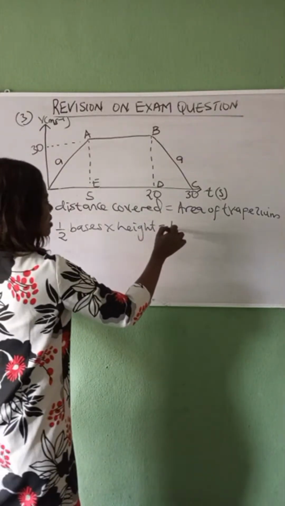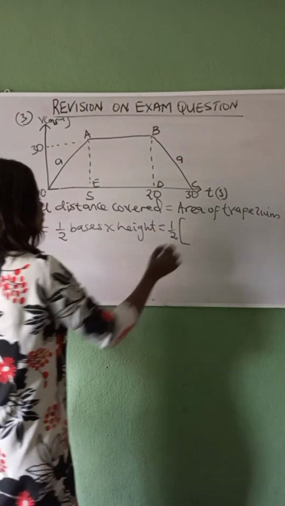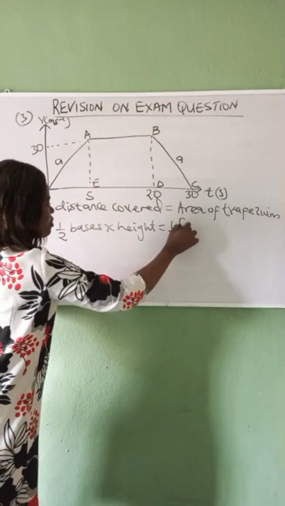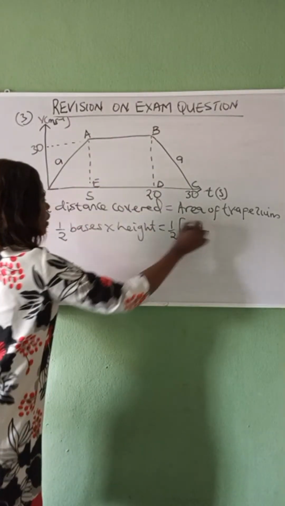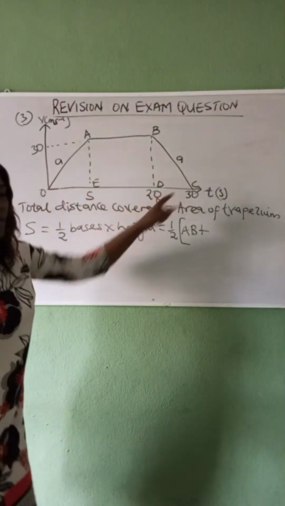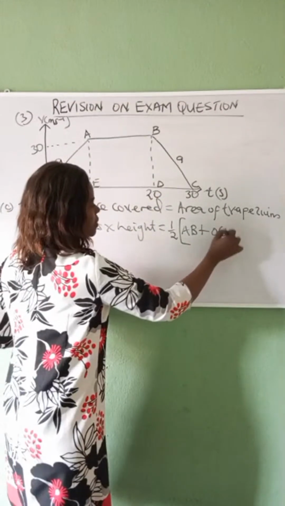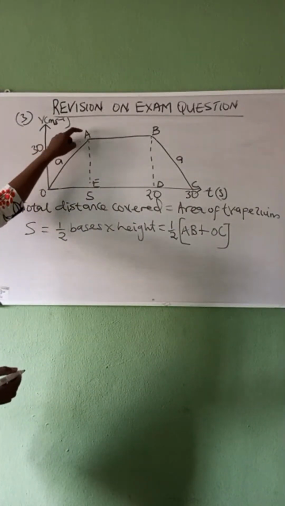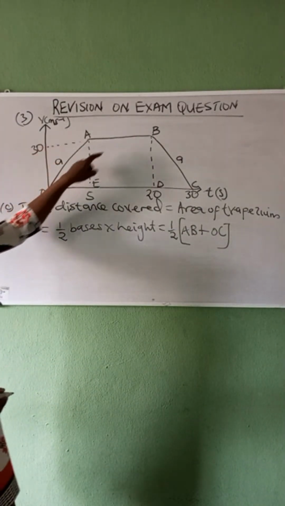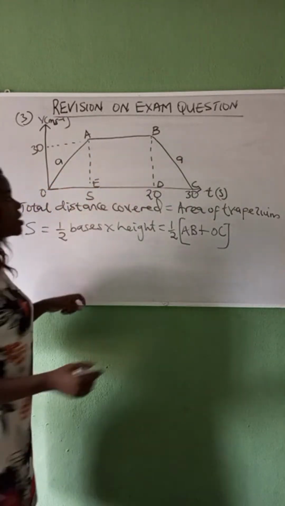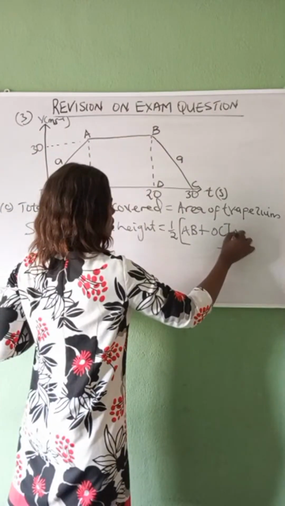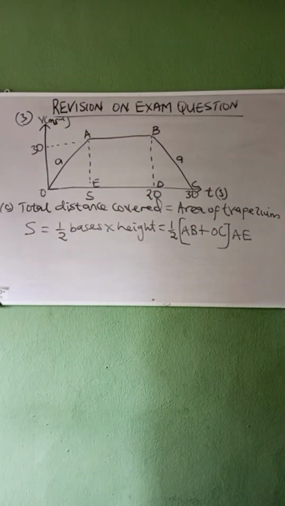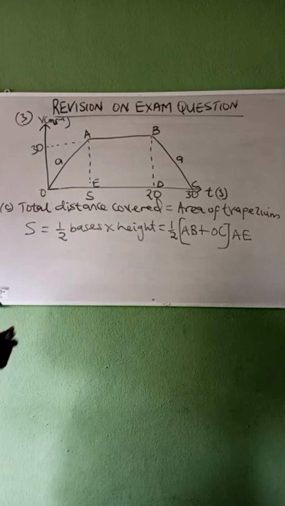So this is half bracket AB from here to here, that is line AB, plus OC, line OC, then multiply by the height, which is what? Either we use AE or we use what? BD. So I will use AE. Is that clear?